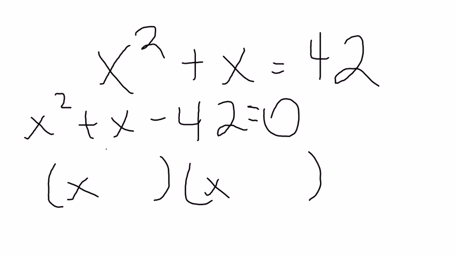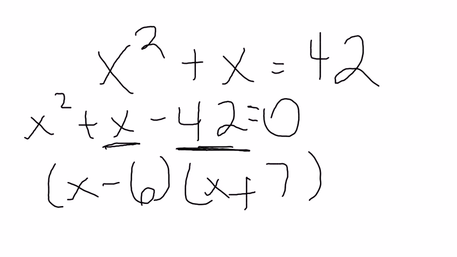So 2 factors of 42 whose difference is 1 are 6 and 7. So I've got to have a negative and a positive, right? Because I have to multiply to negative 42. Well, my middle term is a positive 1. So the bigger number has to be positive. So I'm going to have a positive 7 and negative 6.